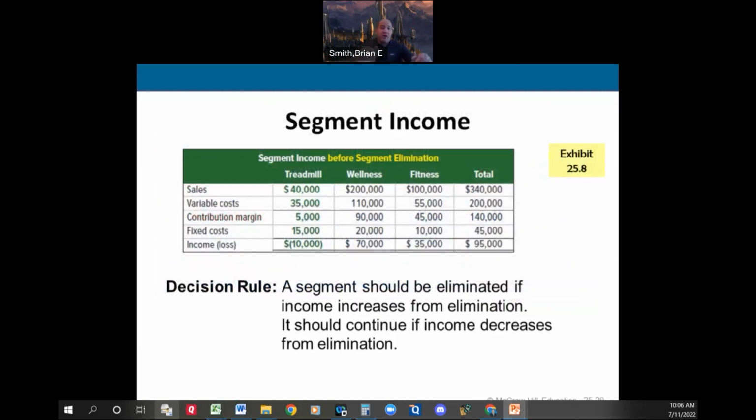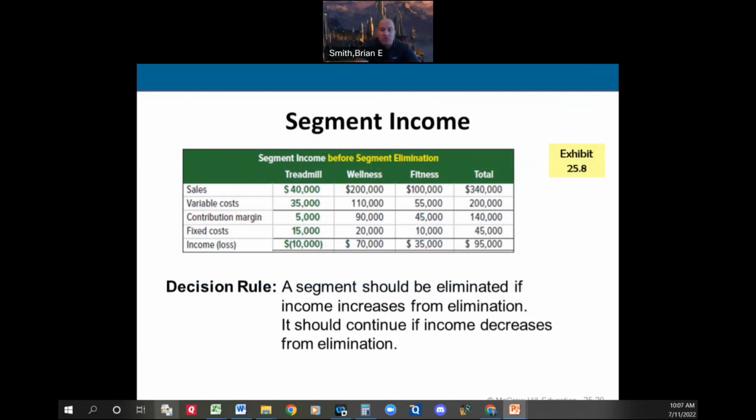Here, before segment elimination, we have all these costs that we have assigned to each segment. As we look at all of these, the treadmill segment has a $10,000 loss. Your first instinct is probably to say, well, let's get rid of it. But let's look at what was assigned to it as fixed cost. It was $15,000.